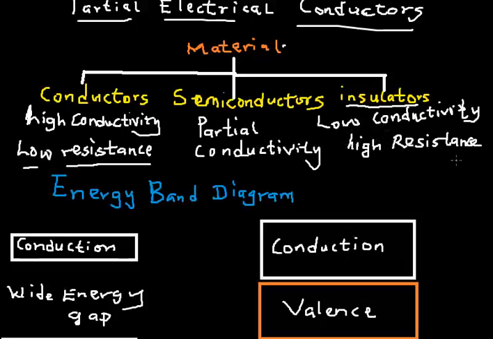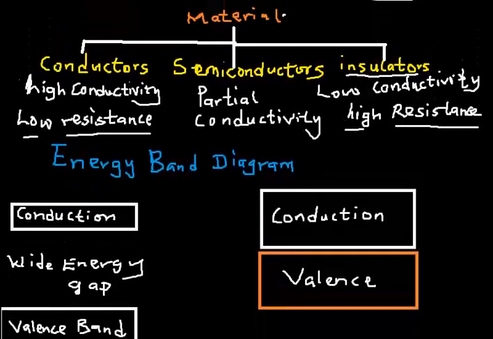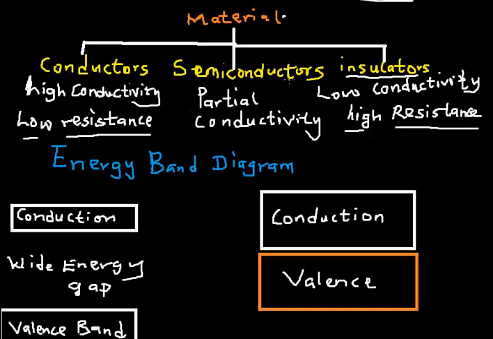Why do they have such low conductivity? Because they have a high resistance to the flow of current. Then we come to the main business of the day, which is semiconductors. Semiconductors are materials that have partial conductivity, so they are found midway between conductors and insulators.